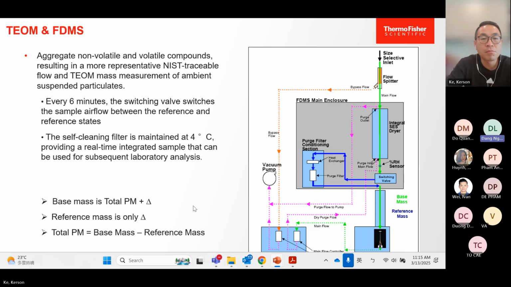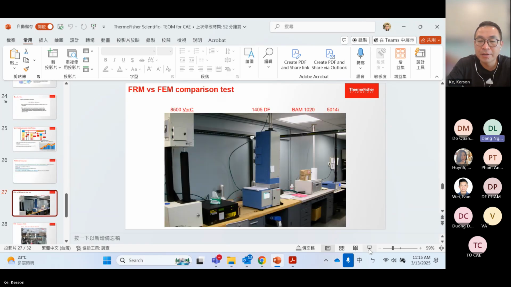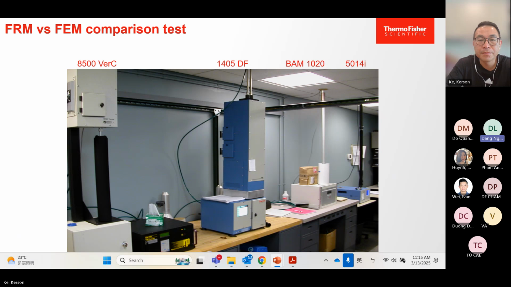Can you show me slide number 27? Wow, so precise. Okay, here. I want to know, 8500 plus C, what is that? You can see the brand is RP.